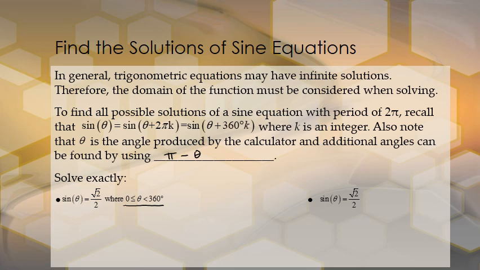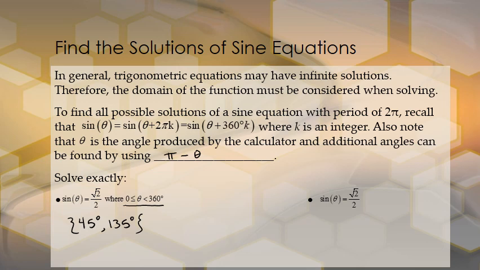And we know we have outputs of root 2 over 2 for multiples of pi over 4 or multiples of 45 degrees. So I'm going to say that my solution for theta is 45 degrees. And what would the other one be? 135 degrees. And just those solutions within the theta values of 0 to 360.